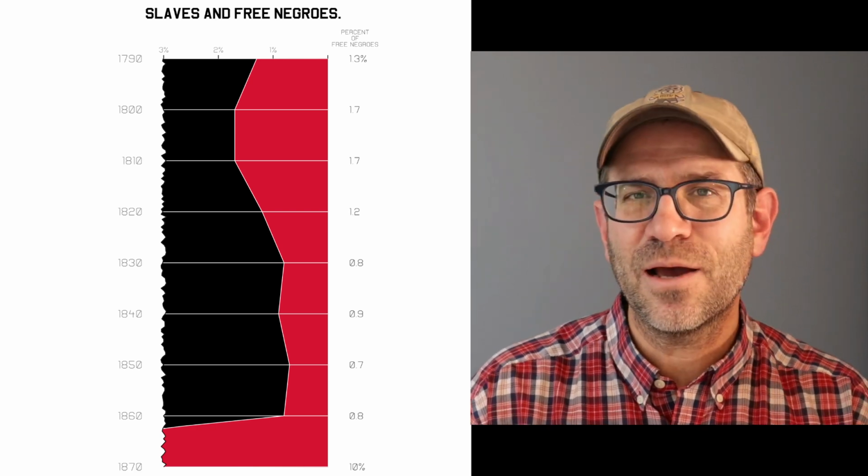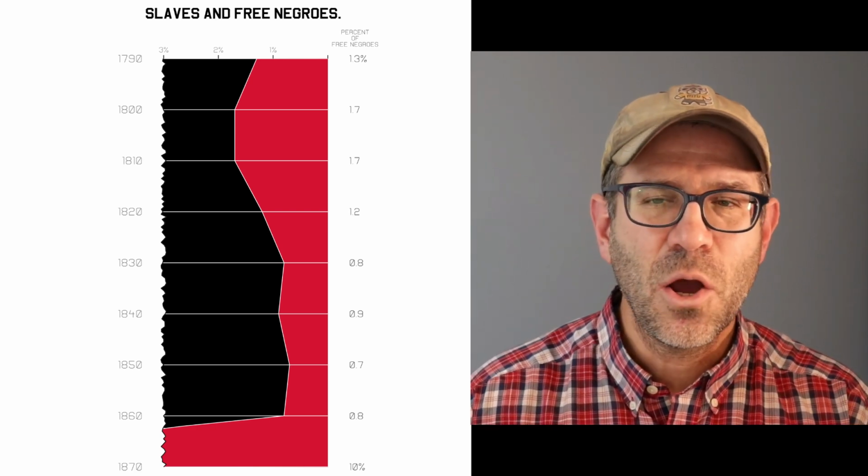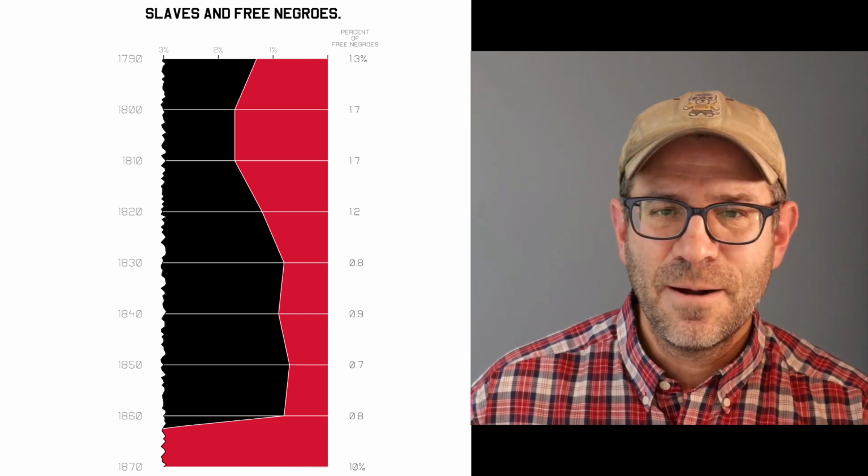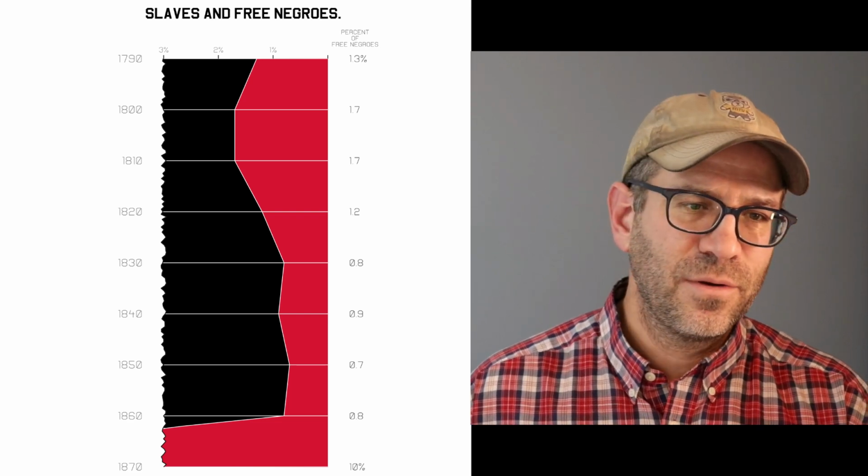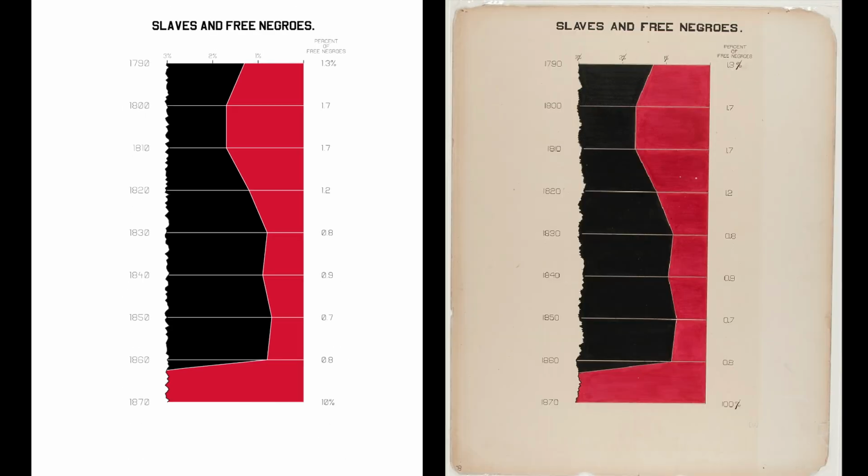Let me know what you think of recreating these historic plots. One of the things that really stands out to me is the organic nature of the originals, right? Like you can definitely see that these were painted, whereas mine, not so much, right? It's straight up red, straight up black, and there's no variation in the color.